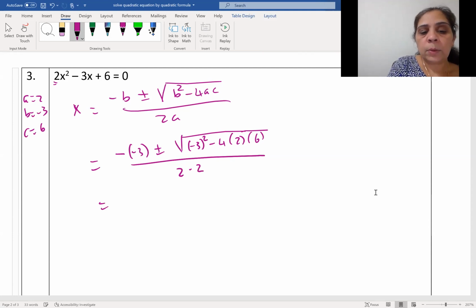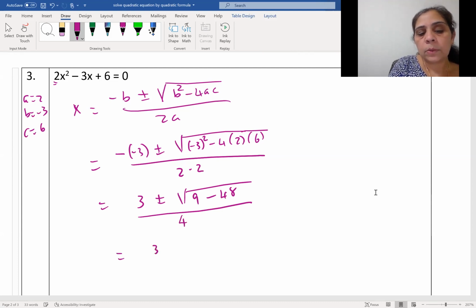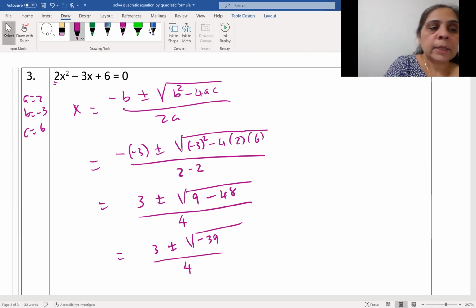So 3 plus or minus the square root of 9 minus 8 times 6, which is 48, divided by 4. So 3 plus or minus the square root of 9 minus 48, which is negative 39, divided by 4.